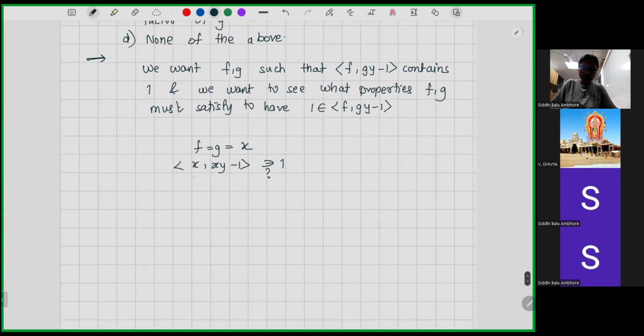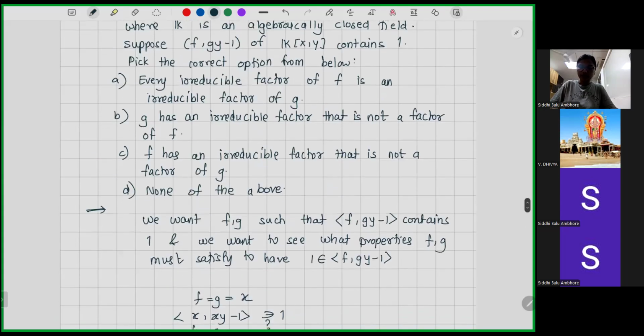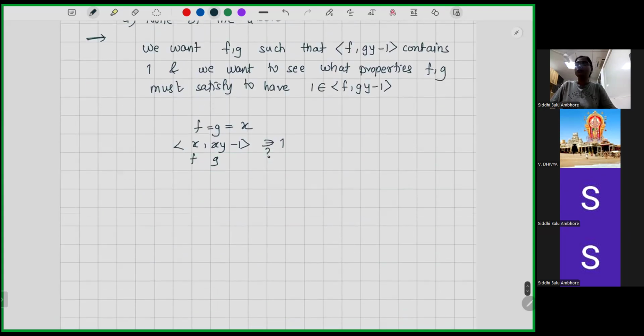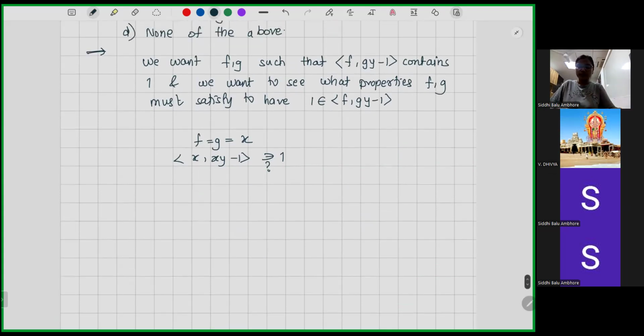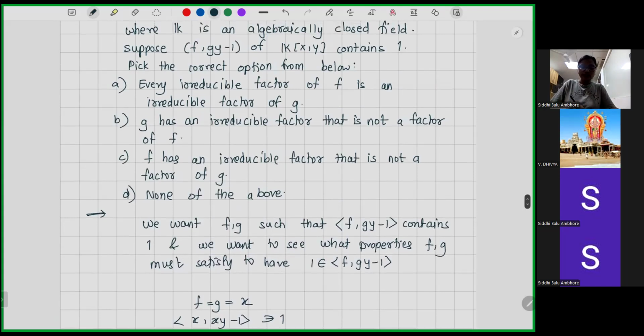So in this case, this is f and this is g, and a factor of f is also a factor of g in this case. Okay, so we want such kind of condition. You can find examples where these two conditions do not hold.